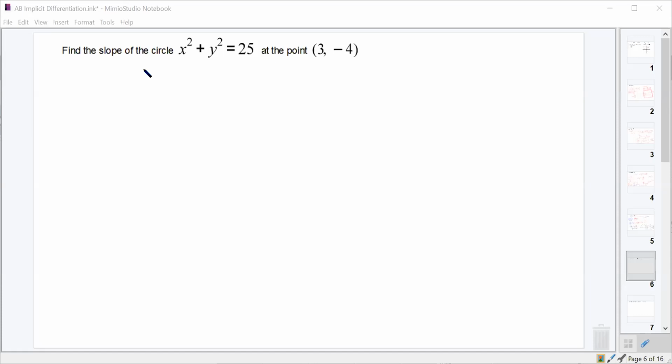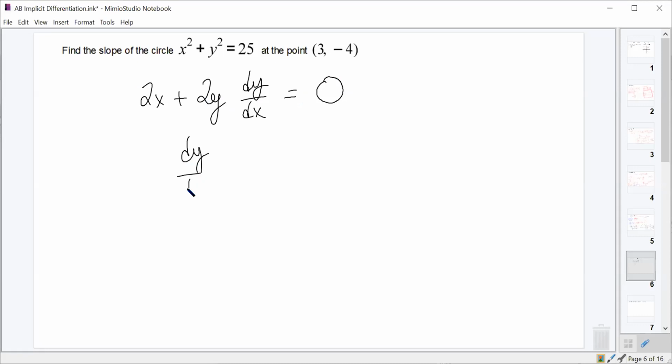How'd that go? Did you finish that up? All right. So first off, you should have gotten 2x plus 2y dy/dx equals 0. Everybody get that as the beginning step for their derivative? Okay. So we should have gotten dy/dx equals negative 2x, divided by the 2y.